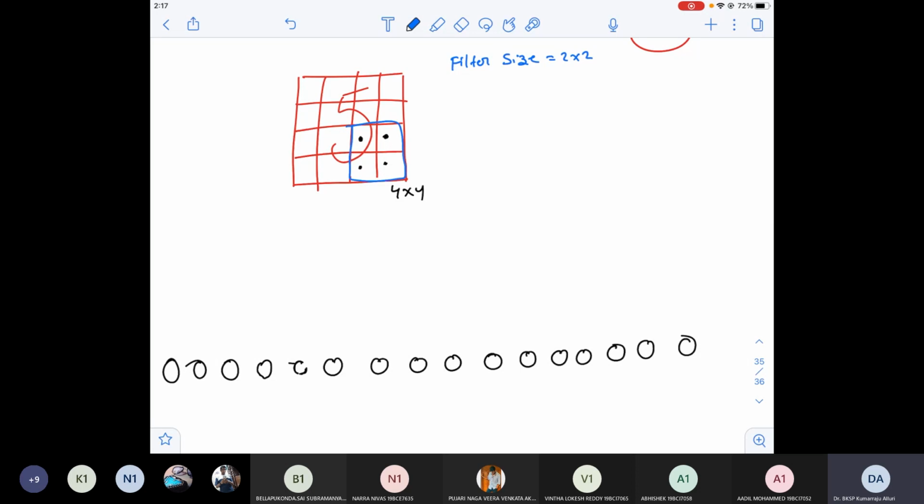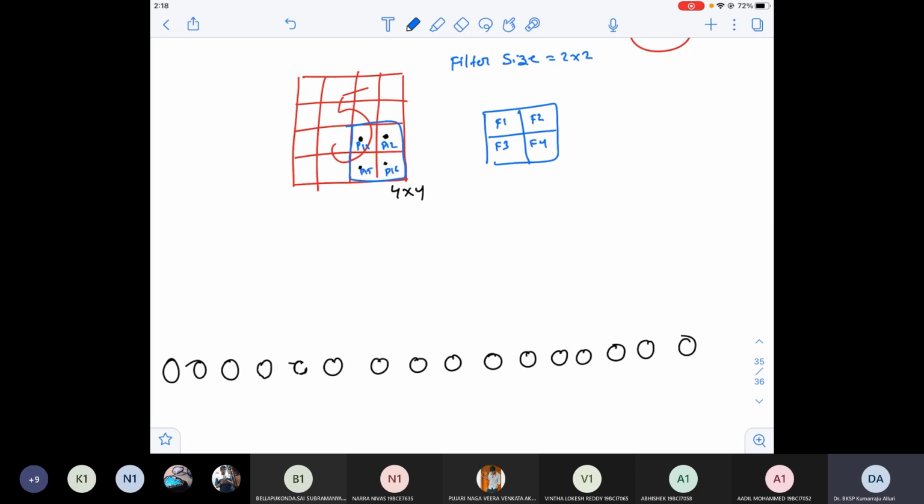I hope you are also maintaining notes along with me. So this is my filter size. It also has some pixel values. Now what I do is multiply these pixel values with the filter values. You know how to multiply. This is P1 with P11, P12, P15, P16. I just need to multiply these.